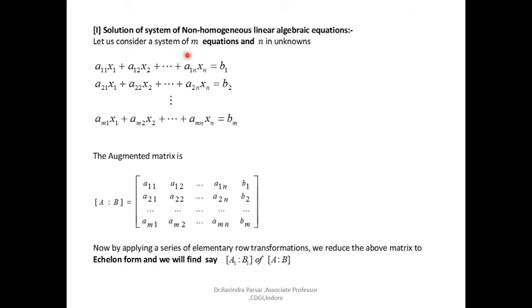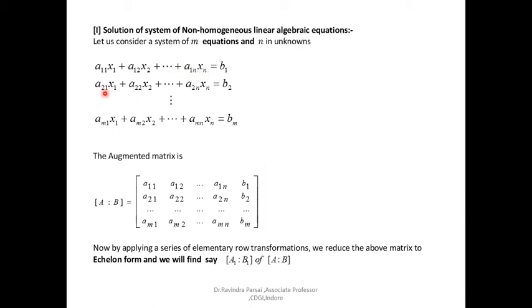equations. Let us consider a system of m equations in n unknowns. In matrix form we write it as: first row, first column a11, first unknown x1, second unknown x2, so first row second column coefficient a12 of x2, dot dot, a1n of xn equal to b1.